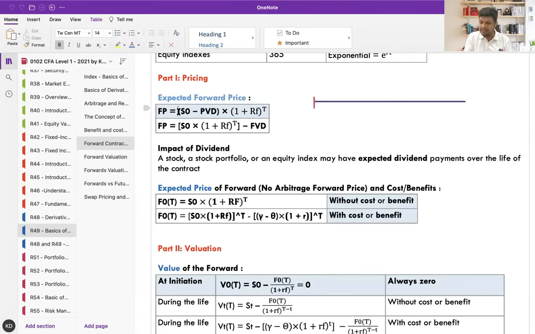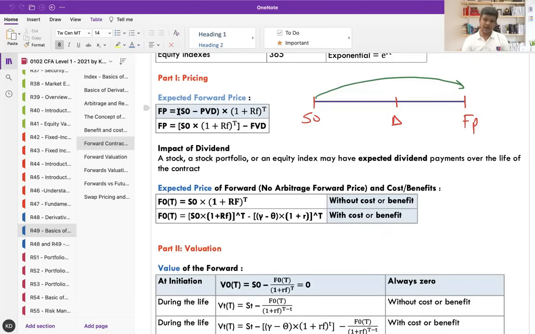So assume there is no dividend. So there is a spot and you have to find the future price. What will you do? You'll compound that with 1 plus RF and you'll get a future price. Am I clear? 1 plus RF raised to T, correct? Yes. But if you have a dividend somewhere in between, let's say if you have a dividend here.